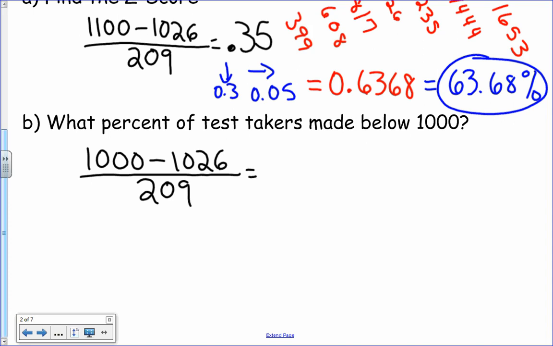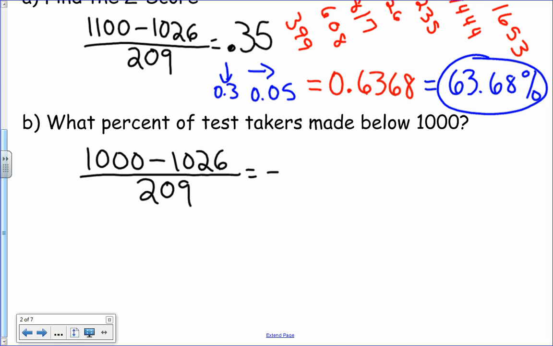Now, listen, is 1,000 above or below the average? Below. So what kind of z-score are we going to have? We know it's got to be negative. So type it in. 1,000 minus 1,026 on the top over 209.